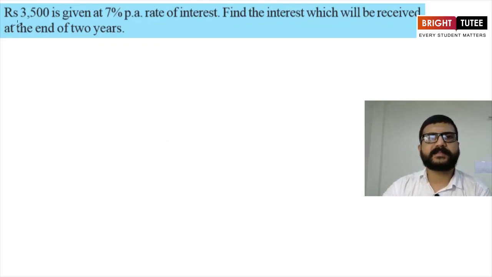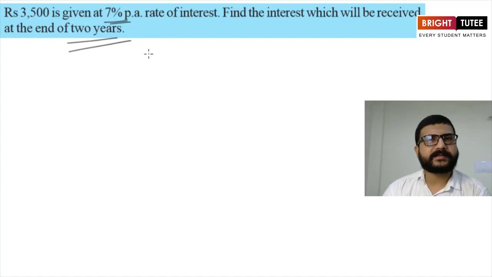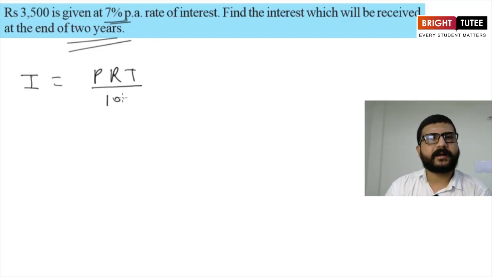Now the next question is, rupees 3500 is given at 7% per annum rate of interest. That is, the amount 3500 is given at the rate of 7% per annum. Find the interest which will be received at the end of 2 years. Now this time it is 2 years. How do we find interest for 2 years? We know interest is equal to PRT upon 100.